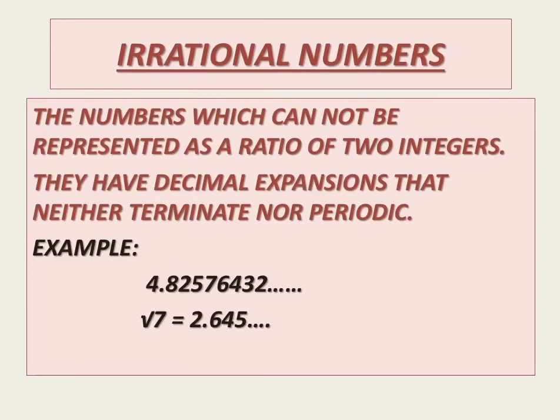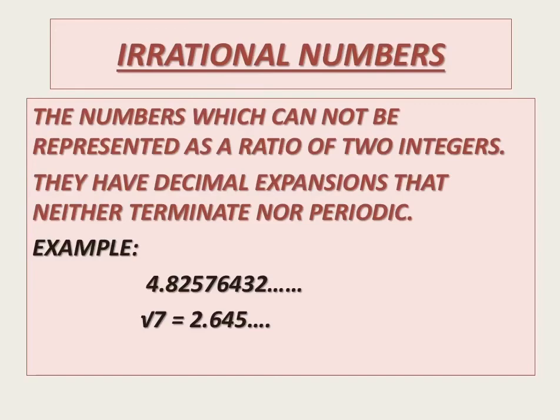These numbers have a decimal expansion that neither terminates nor is periodic. Not terminating means there isn't any end to these numbers, okay? And not periodic means the digits in such numbers will not repeat. There isn't any number which will repeat itself again and again, okay?